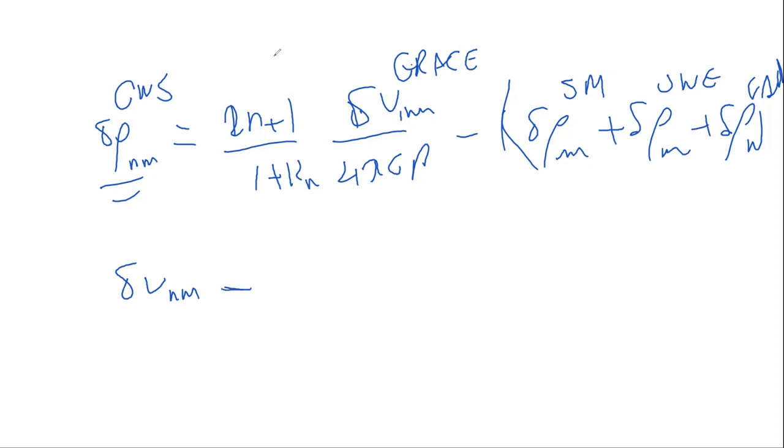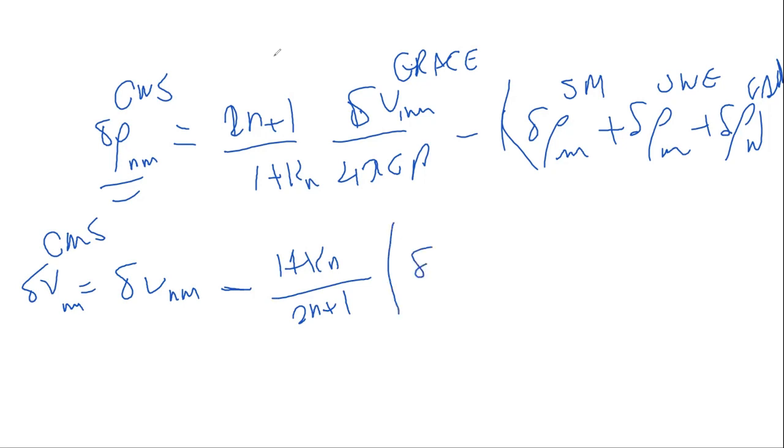In terms of potential, the potential of groundwater storage will be, then I multiply (1 plus kn) over (2m plus 1), they multiply by these densities.